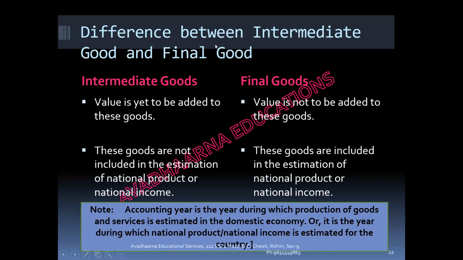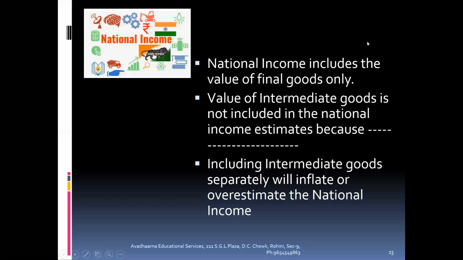I hope the concepts which we have discussed so far are clear to everyone. So national income includes the value of final goods only. Value of intermediate good is not included in national income estimates. Why?